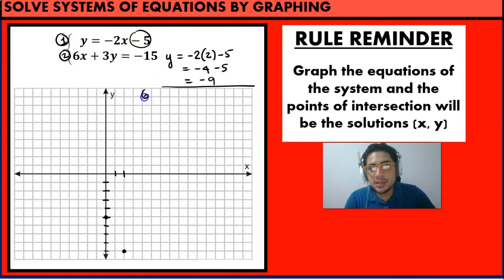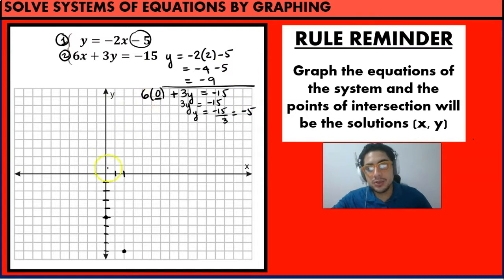So 6 times 0, because I'm choosing x to be 0, you can choose any other point, plus 3y is equal to minus 15. Then 6 times 0 is 0. And then 3y is equal to minus 15. So y is equal to minus 15 divided by 3. And that is going to give you minus 5.